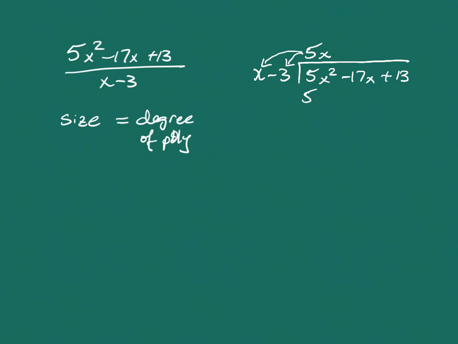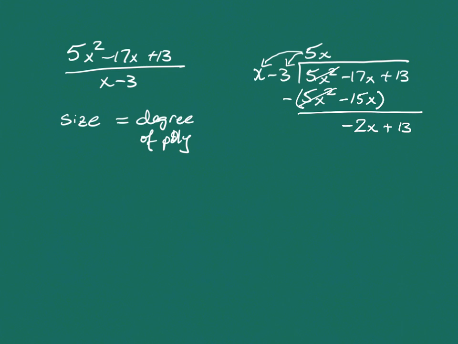That gives me 5x squared, so my leading coefficients match, and then 5x times negative 3 gives me a minus 15x. Just like in long division, I'm going to subtract those two polynomials. My 5x squareds cancel out because that's how I designed it. I have minus 17 minus a minus 15, so minus 17 plus 15 gives me a minus 2x, and then my remaining terms just come down.